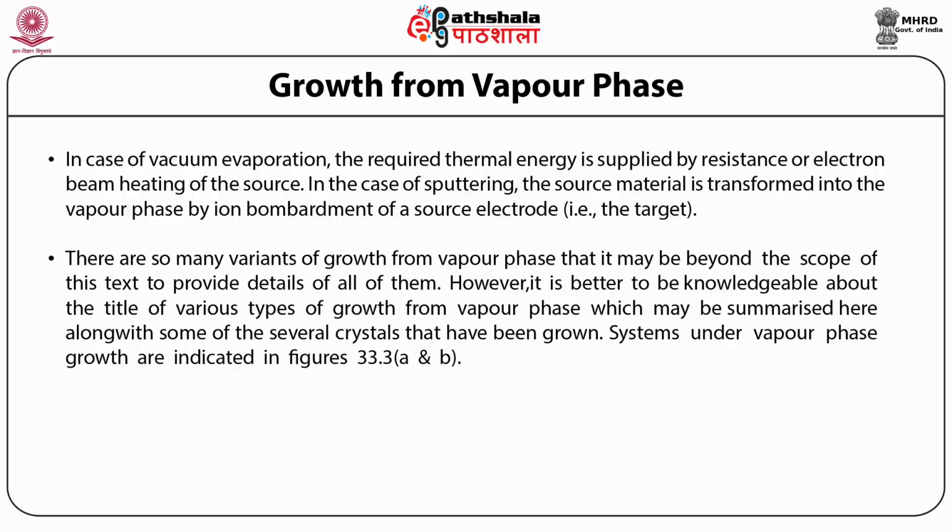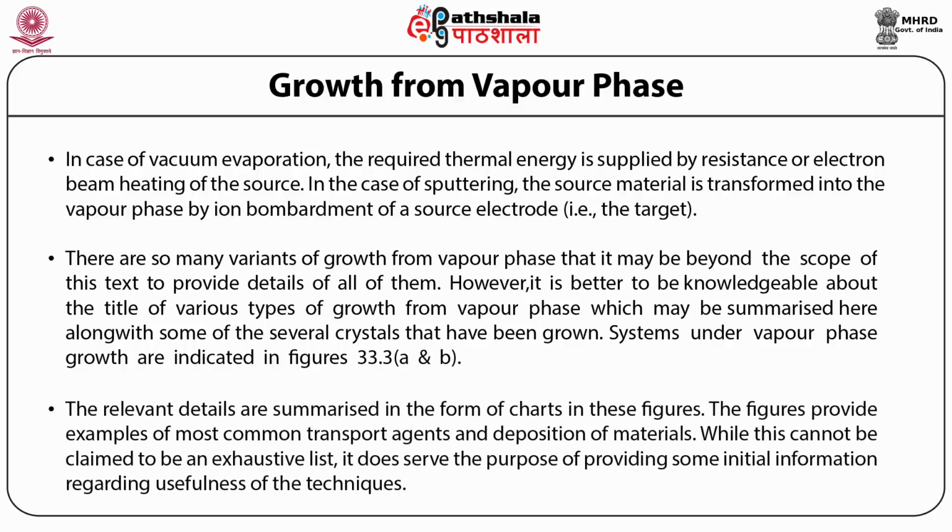Systems under vapor phase growth are indicated in figures 33.3 A and B. The relevant details are summarized in the form of charts in these figures. The figures provide examples of the most common transport agents and deposition of materials.